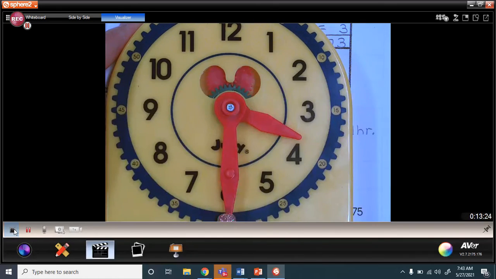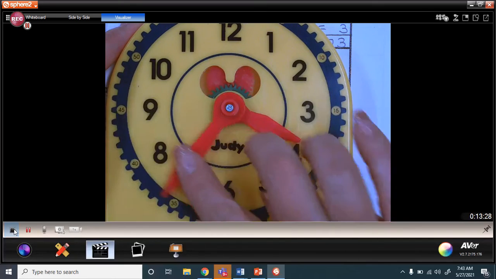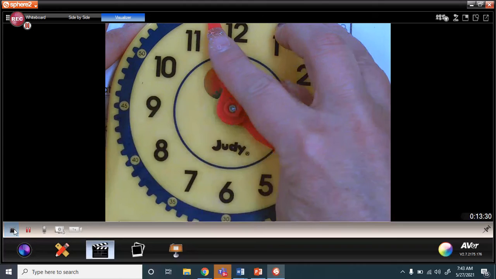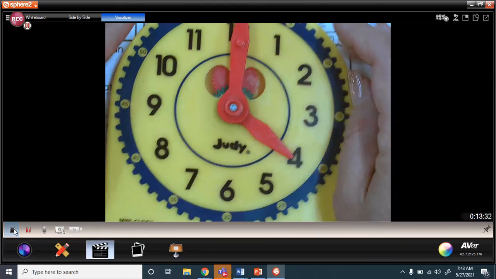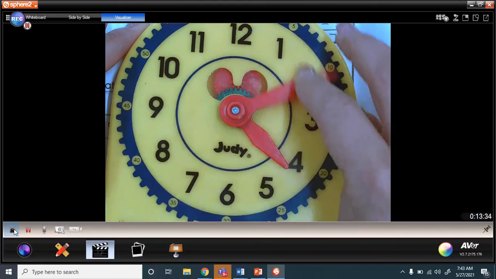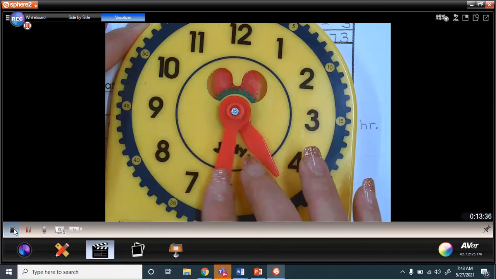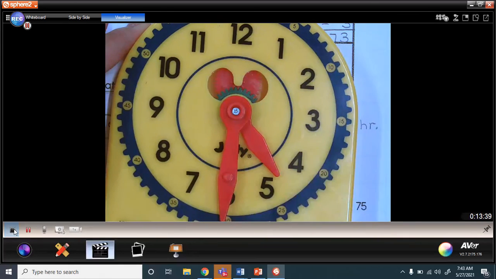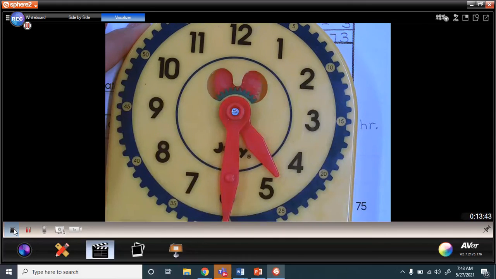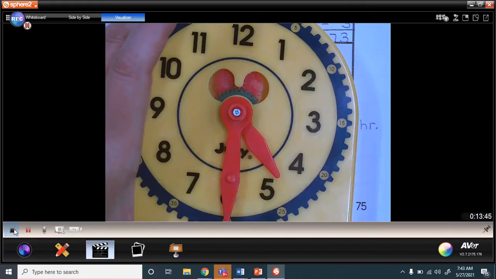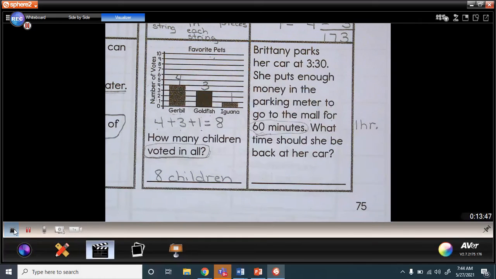So we start here at the 30 and we end here at the 30. So when I add 1 complete hour, this would be half an hour, which would be 4 o'clock. Now I need to go another 30 minutes, and 1 complete turn of the clock is going to put me at 4:30. So the time that this should be would be 4:30.